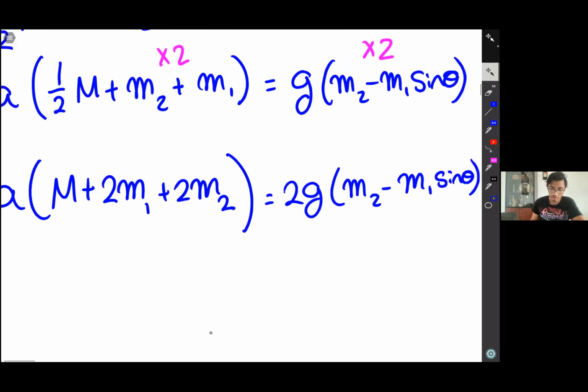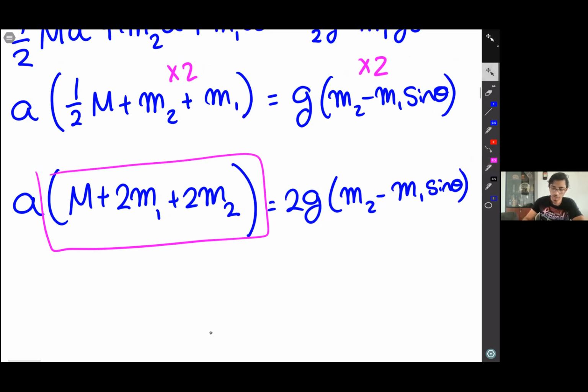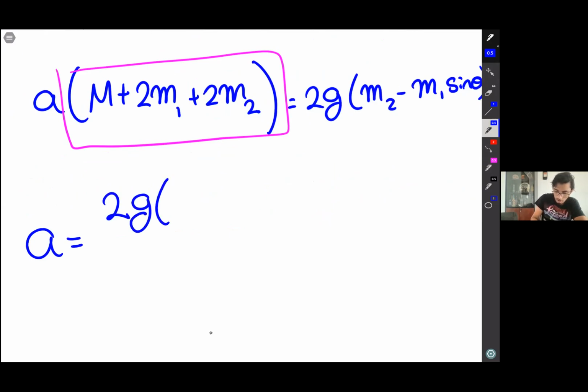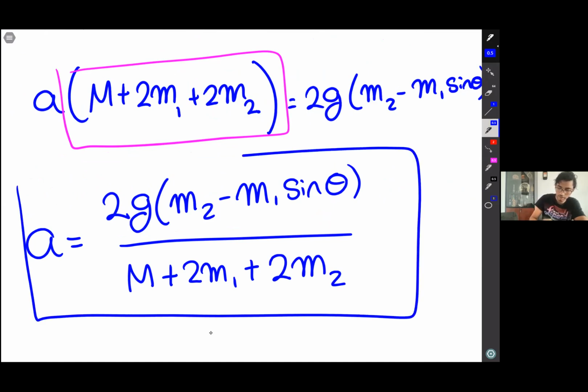Now, we have just one final step to solve for acceleration, and it's to divide by this business over here. So finally, we get that A is equal to 2G times M2 minus M1 sine theta over M plus 2M1 plus 2M2. And that right there is our final answer.